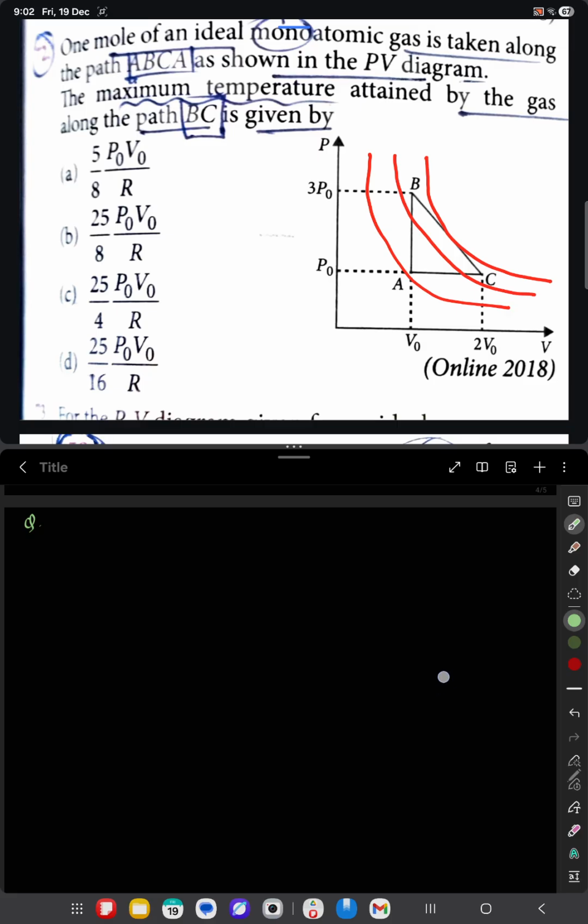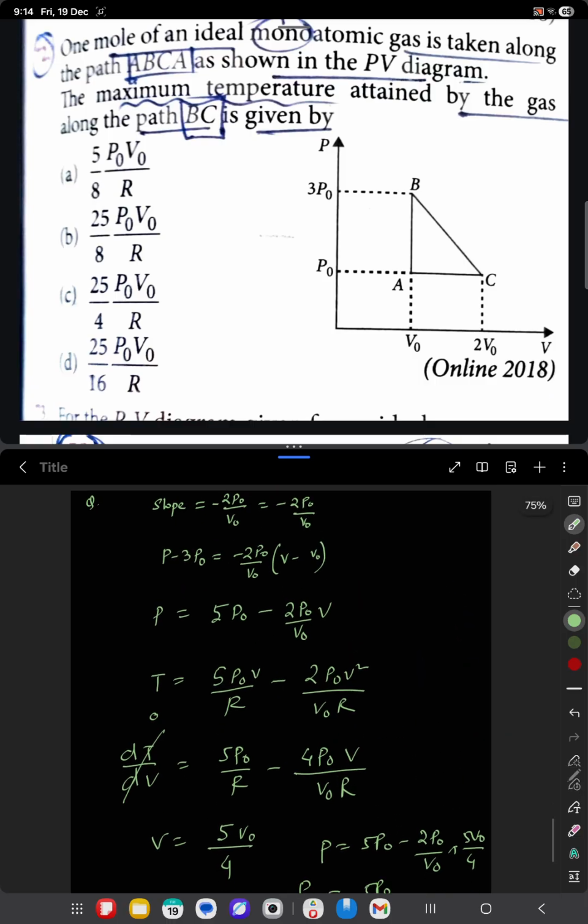So the maximum temperature of the isotherm means whenever you go this way, the temperature increases. So the maximum temperature that will be attained will be a tangent to BC.